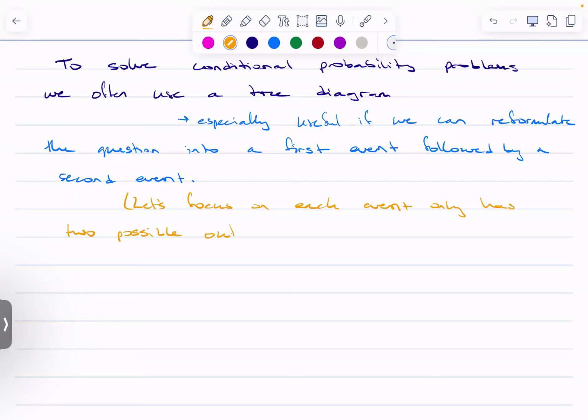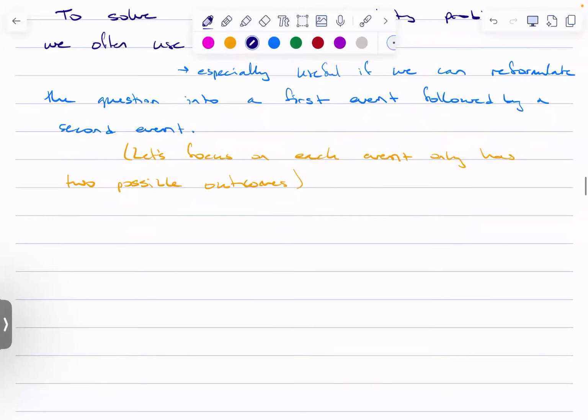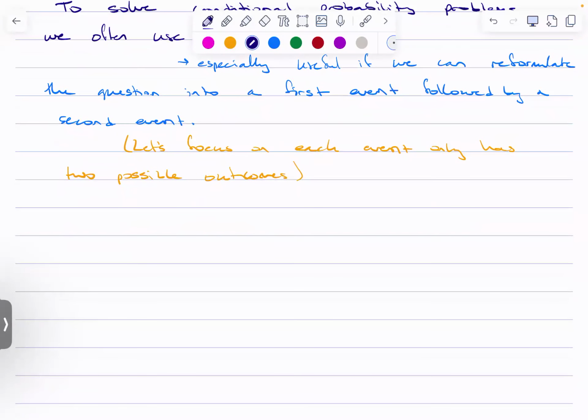And we've seen how to make that happen, right? Either you're a social science major or you're not. There are others, but you can lump them into a not category. Take the complement.